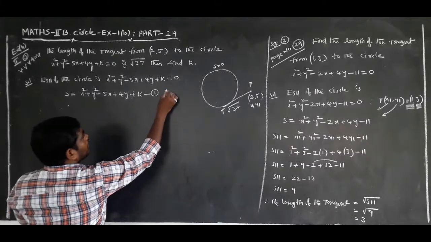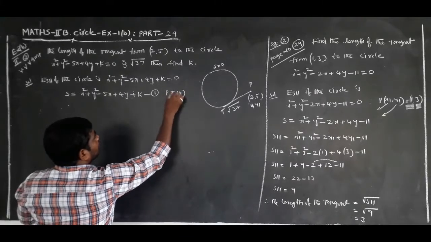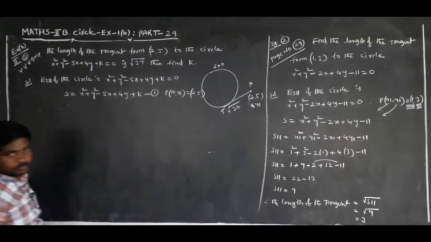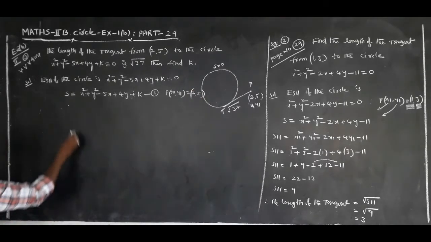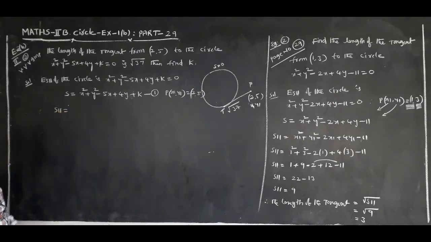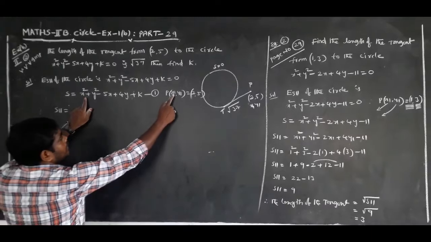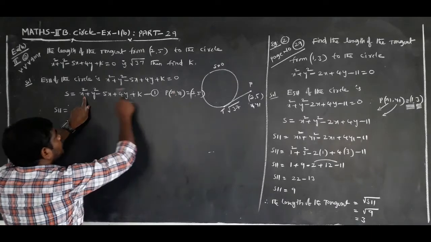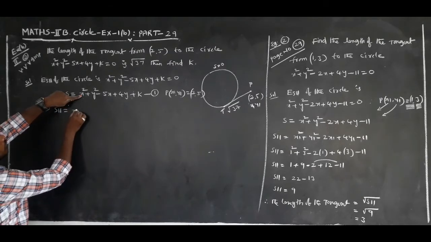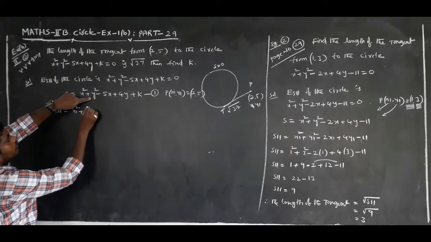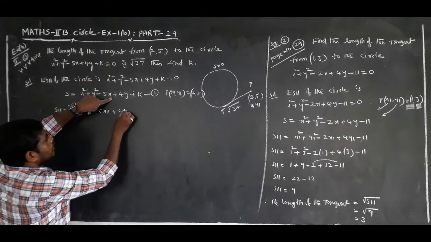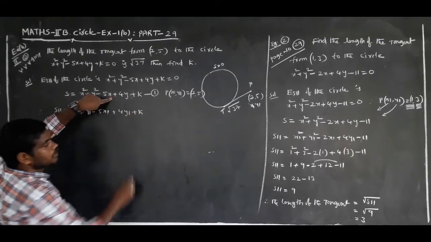Here P(x1, y1) is equal to (2, 5). Find S11. S11 means substitute x equal to x1, y equal to y1: x1 square plus y1 square minus 5x1 plus 4y1 plus k.